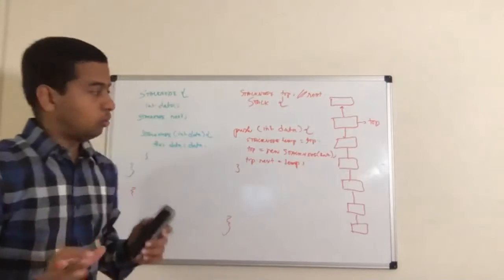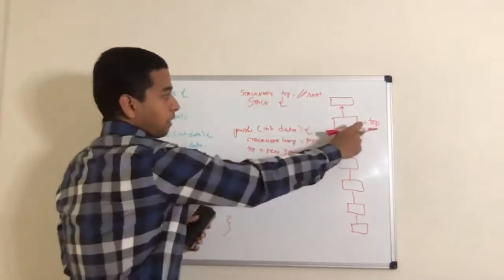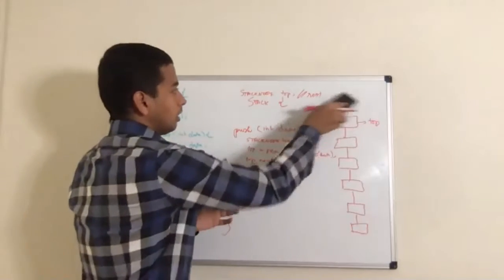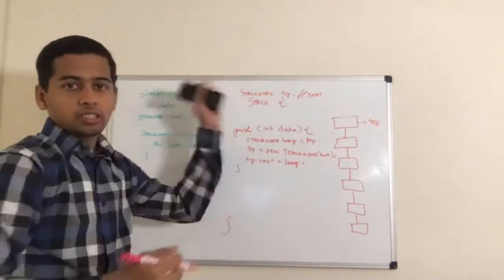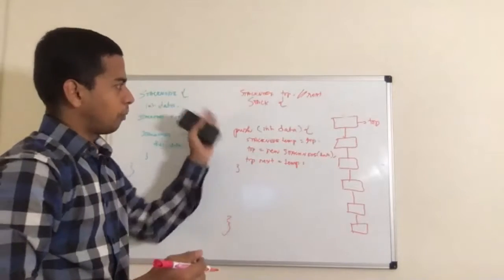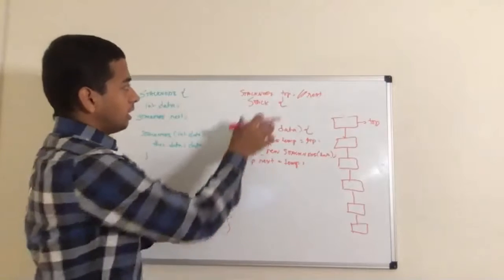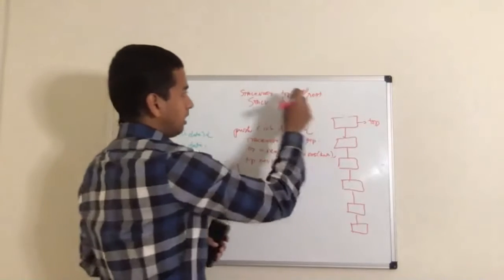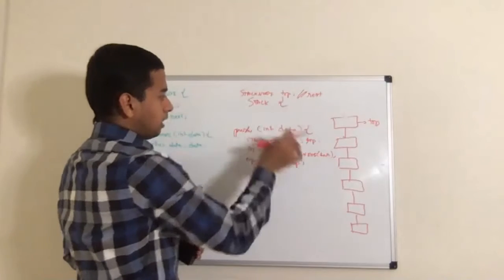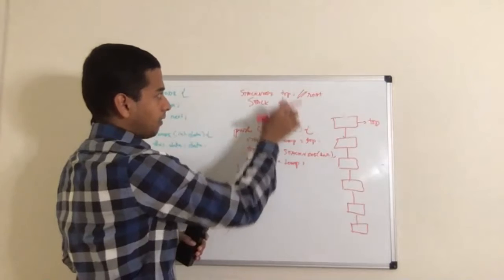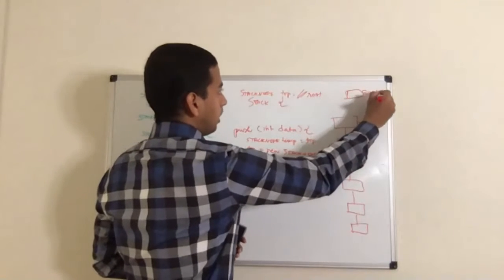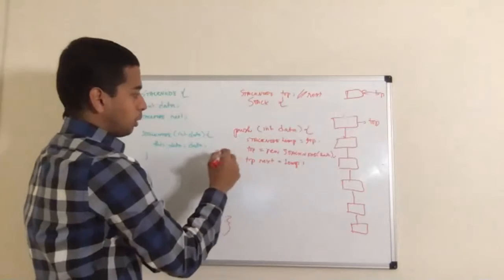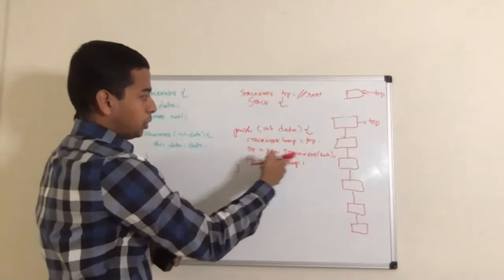So what did I do? I took the current top and kept it as a temp. Imagine I copied a clone as temp. Now I made the top as the current data, so the top has only one element. I did top equal to new stack node of data.